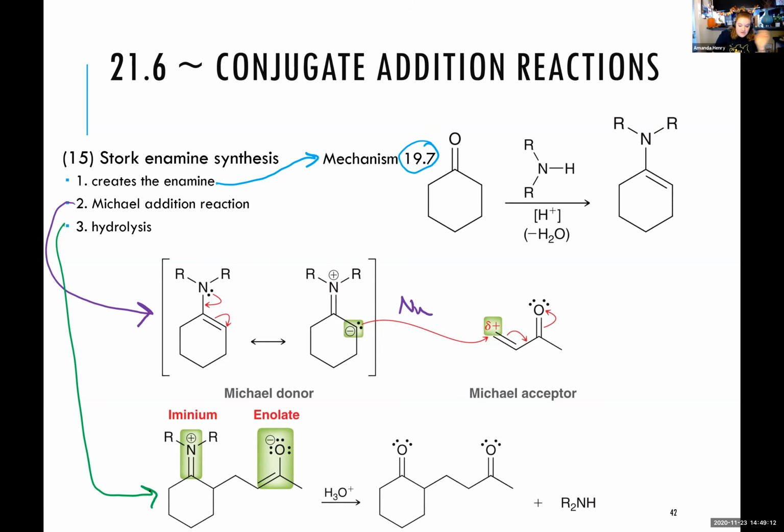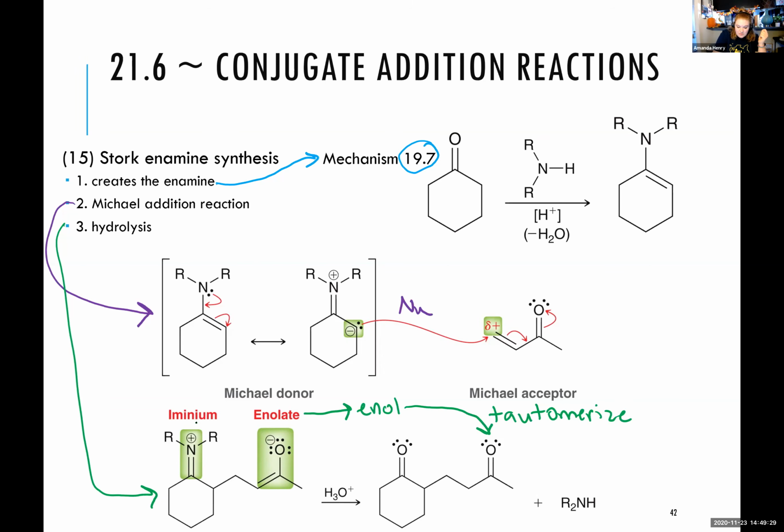So I said that hydrolysis is doing a couple things. It turns the enolate into an enol, and then the enol can tautomerize back into the ketone.